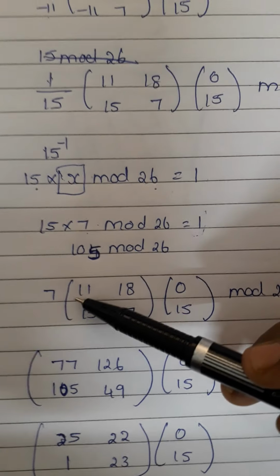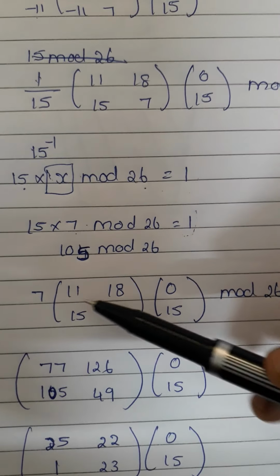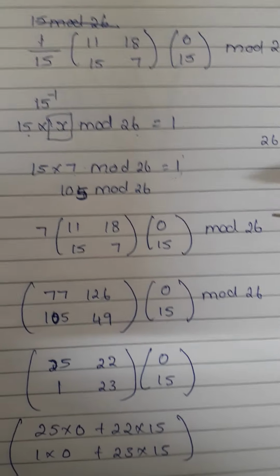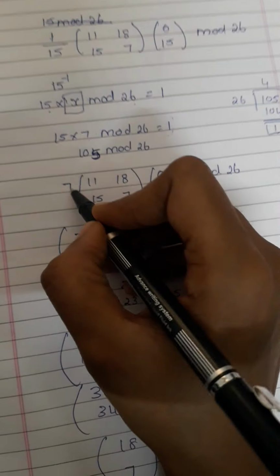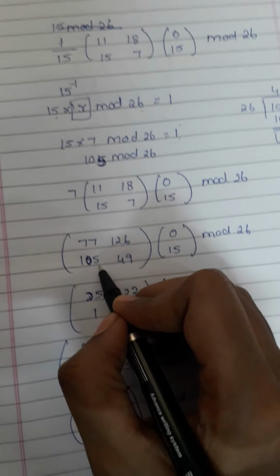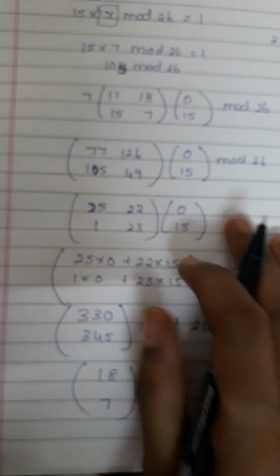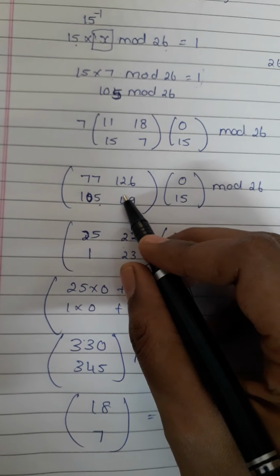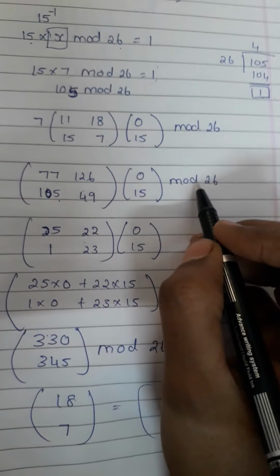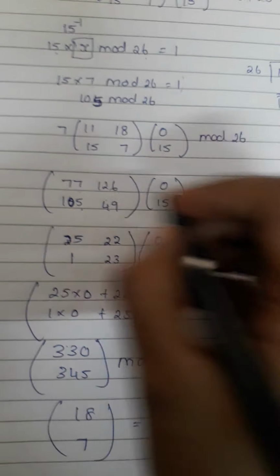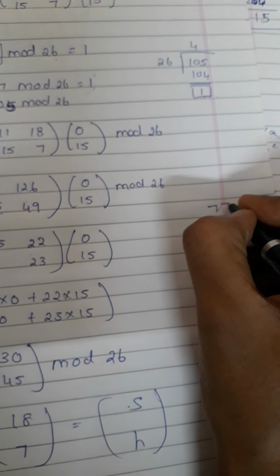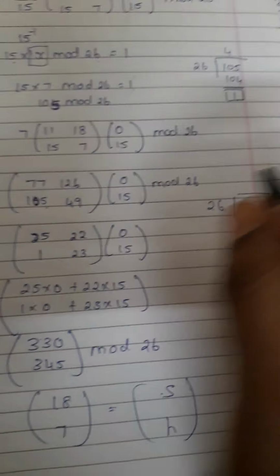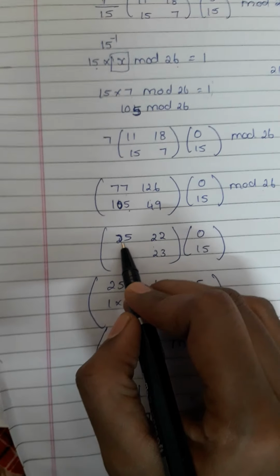Next we are multiplying with 7, 11, the same thing we have taken. Now you are multiplying this 7 into this matrix, and then we are just finding the mod. 77 mod 26, if you find, you will get the remainder 25.